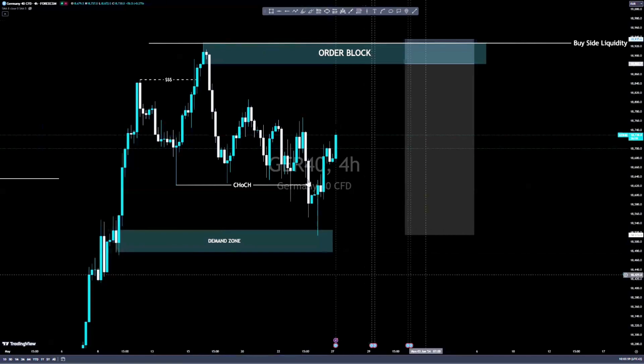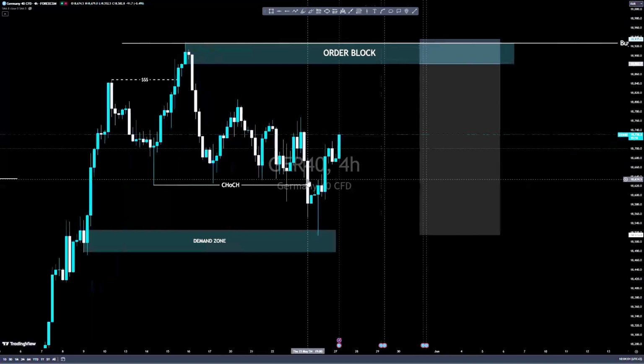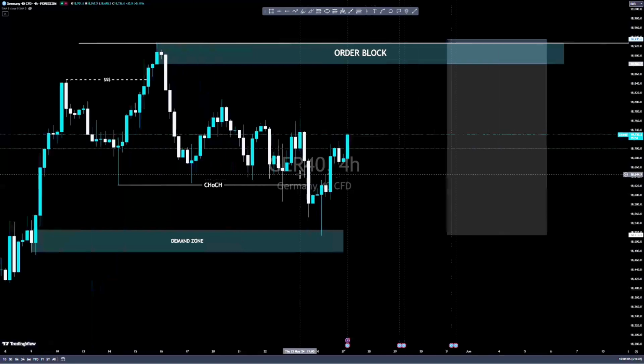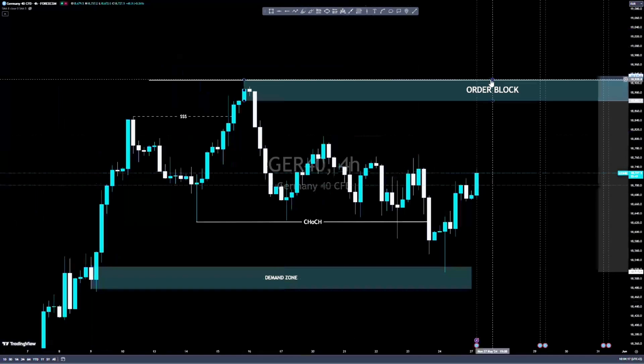One more thing that I need to emphasize: most demand zones, when they are mitigated, price tends to shoot up and break the previous high.